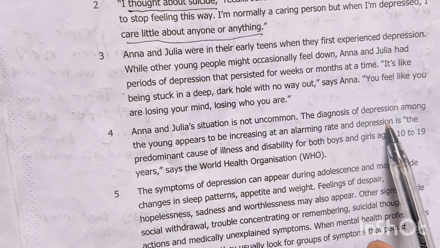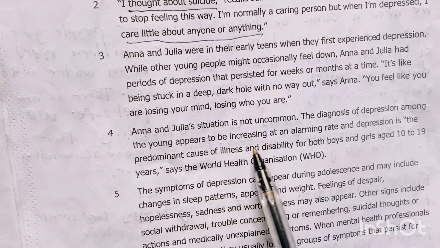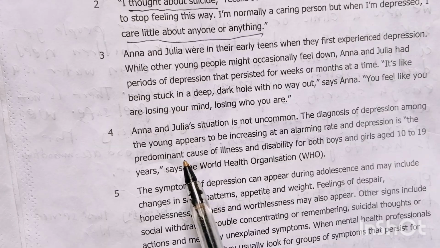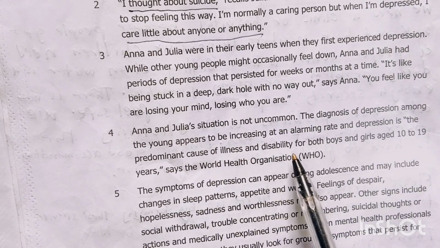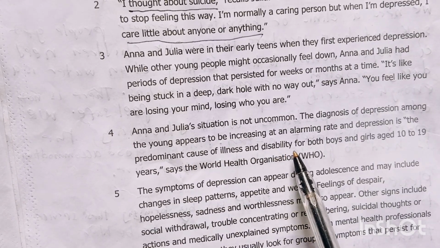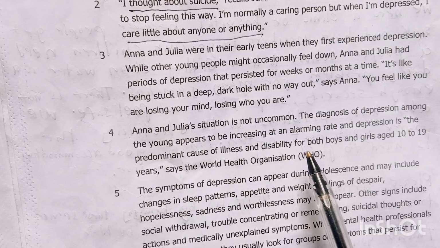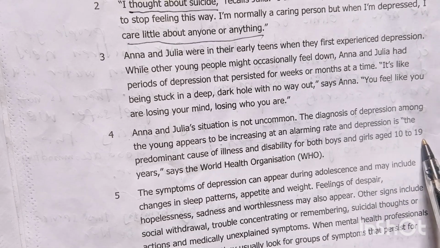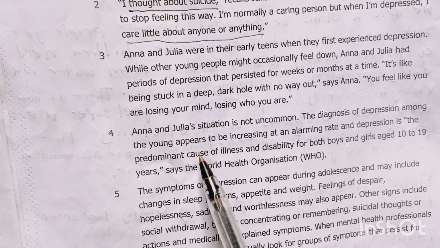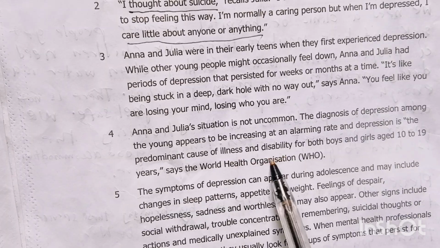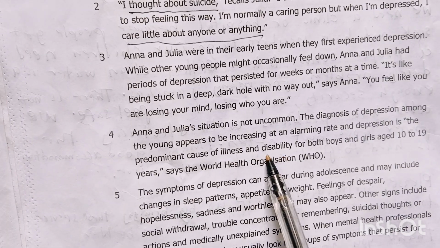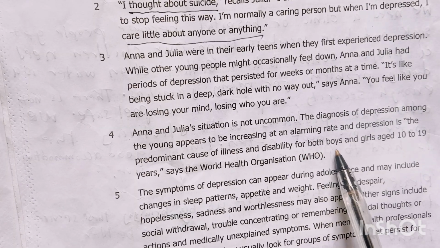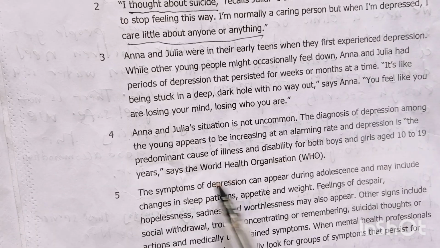The diagnosis of depression among the young appears to be increasing at an alarming rate, and depression is the predominant cause of illness and disability for both boys and girls aged 10 to 19 years, says the World Health Organization. So here they are just saying that depression is the one which causes illness and disability for both boys and girls.